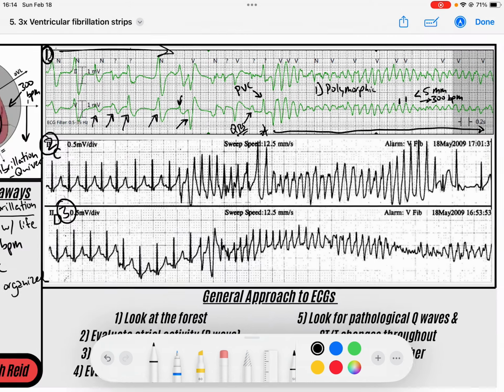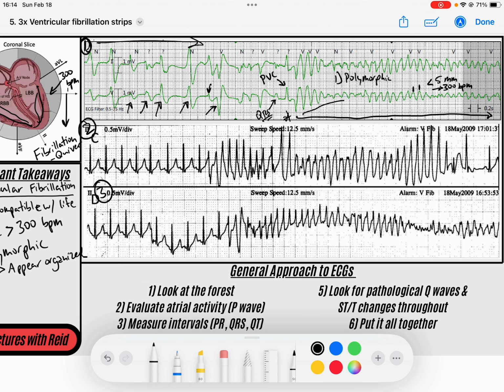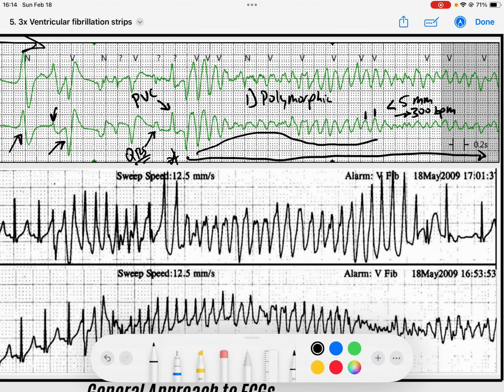And so you see this one almost looks like torsades. Some of you guys have heard about torsades, but this is a polymorphic rhythm that's got a rate that is greater than 300 beats per minute, right? You can even see on this strip, this one lands on a solid line. The one before it is less than 5 millimeters. So this is greater than 300 beats per minute.